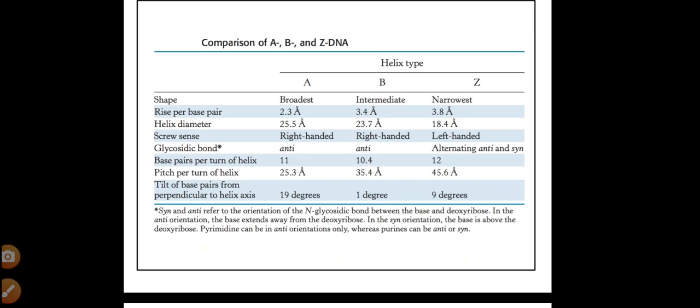So somewhat it is similar to that manner, anti and syn orientation, right? So these are some comparable features of the B and Z A DNA models.